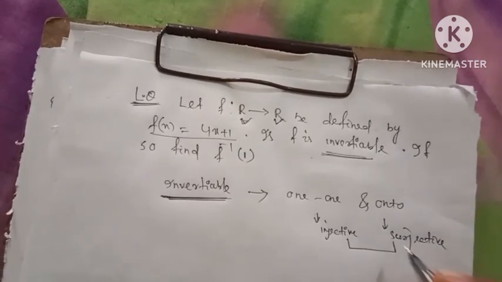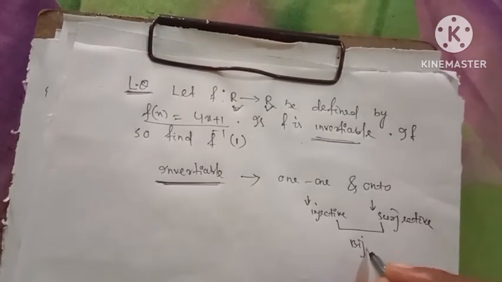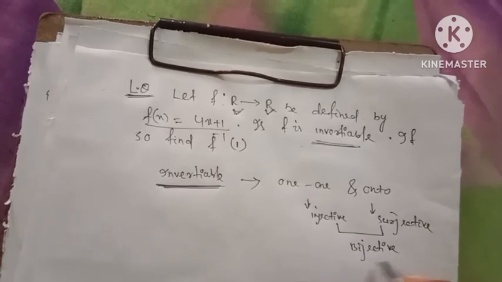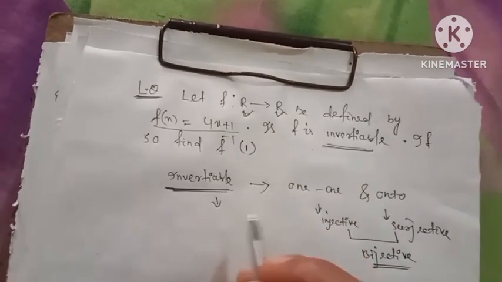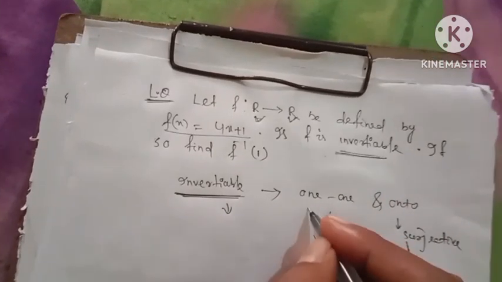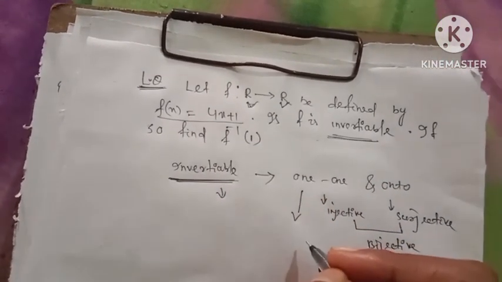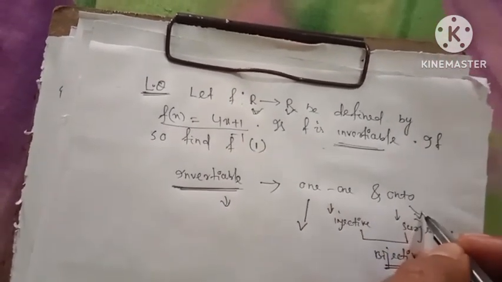So if it is bijective, then it is said to be an invertible function. So our target is to find whether the function is one-one and onto.